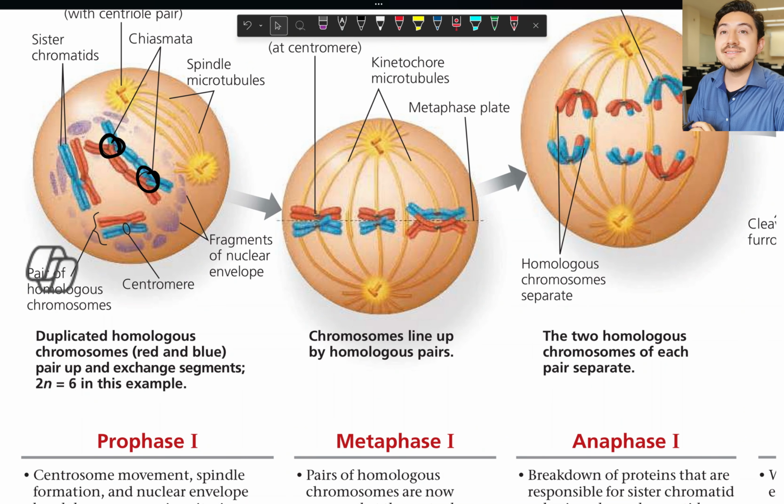And then you get into anaphase. Anaphase I, similar to mitosis, is just pulling. What is being pulled though? In this particular case, the homologous pairs are being separated to each extreme.